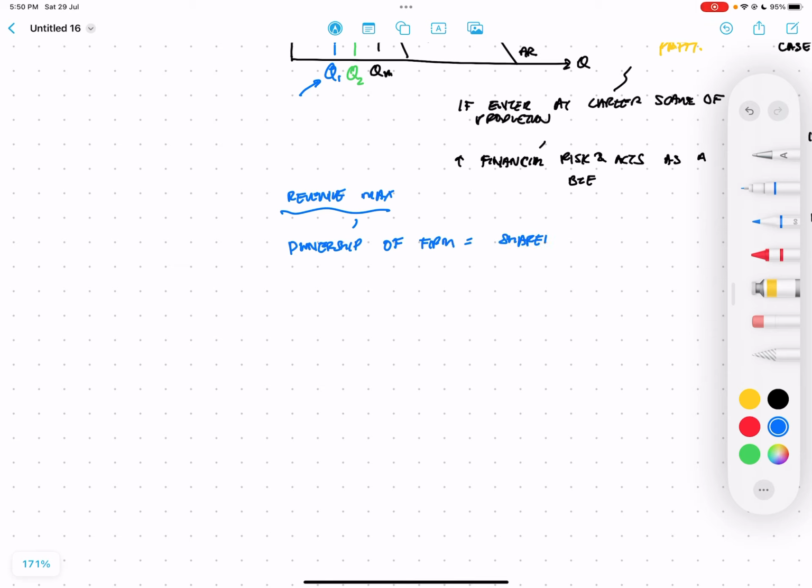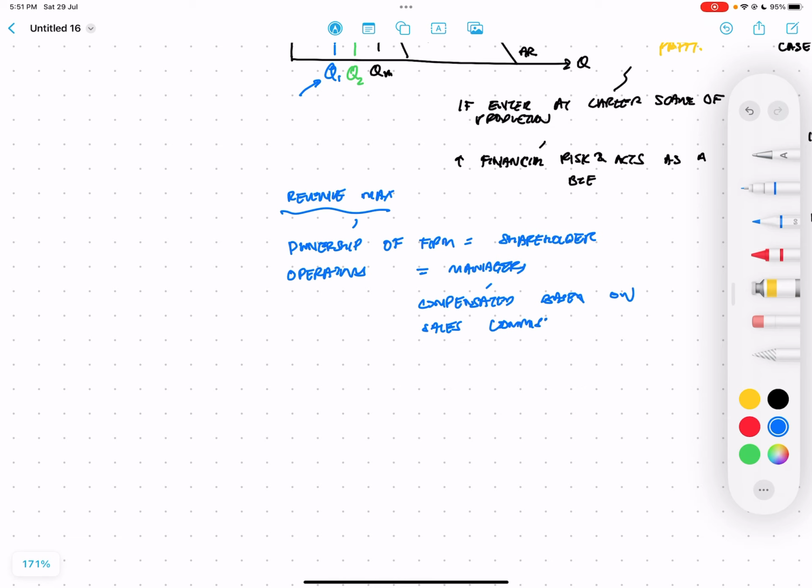So maybe you are the owner of the firm, but the day-to-day operations are run by managers, and the managers are compensated based on sales commissions.